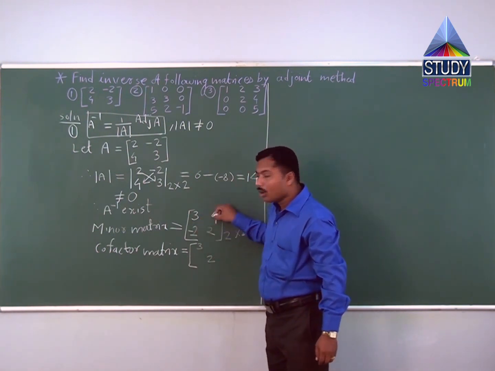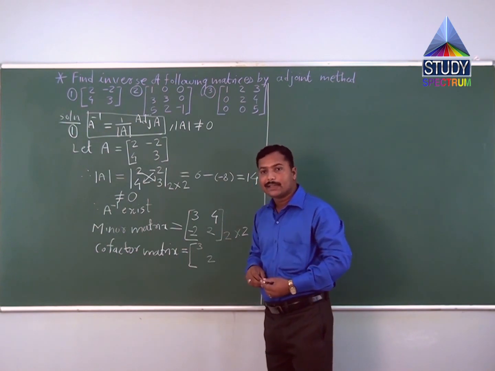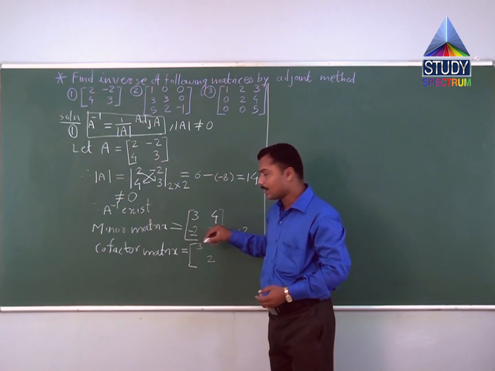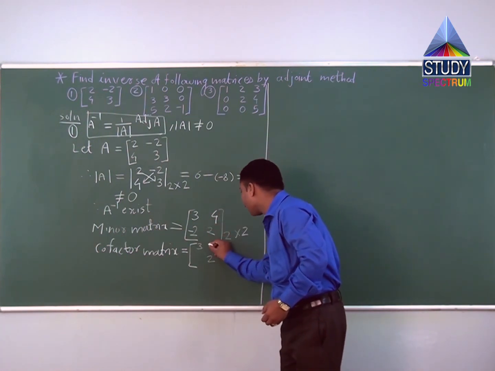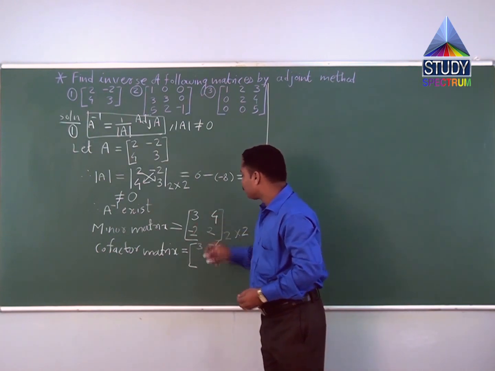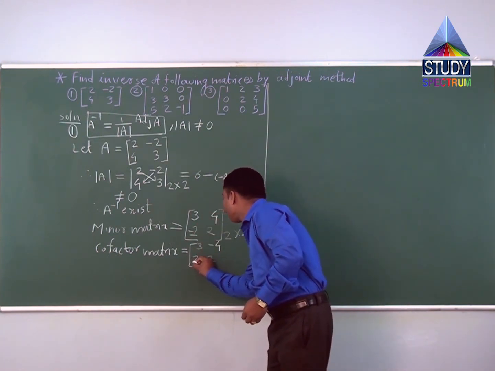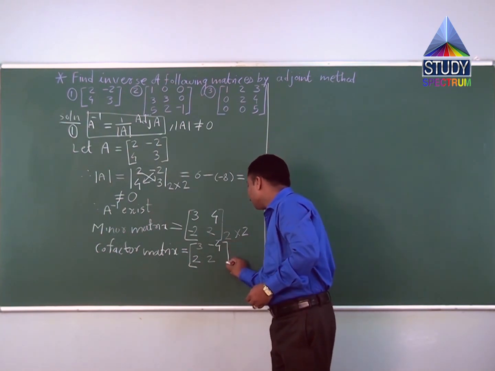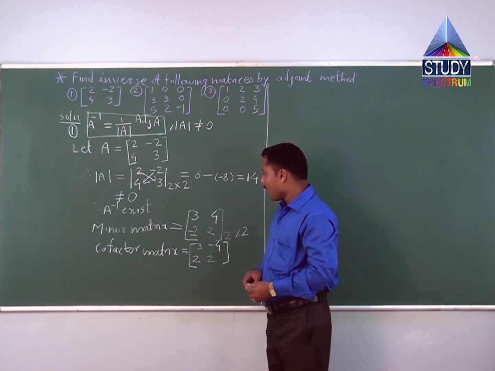The remaining 2 non-diagonal numbers change by sign only. So no change, no change, change by sign. So +4 becomes -4, -2 becomes +2. So this is our cofactor matrix.